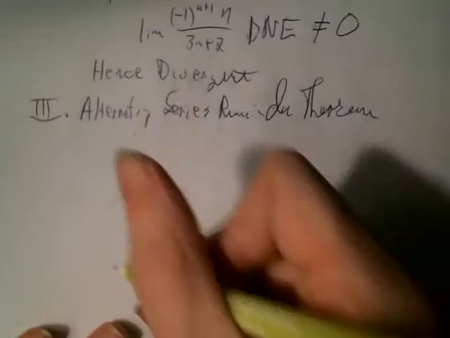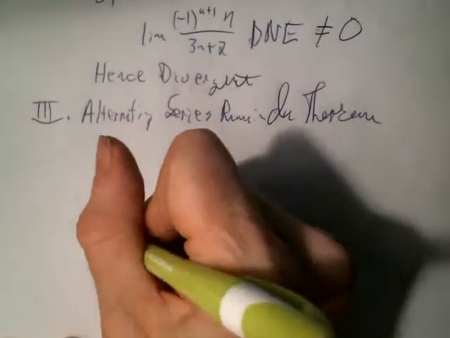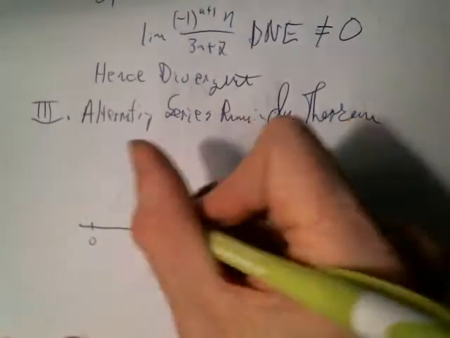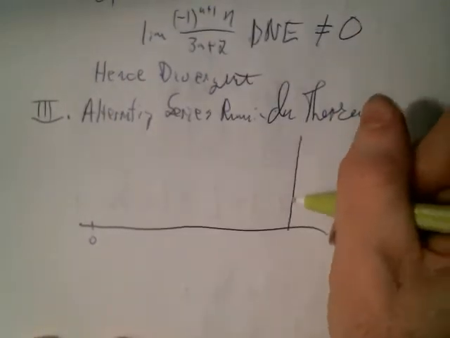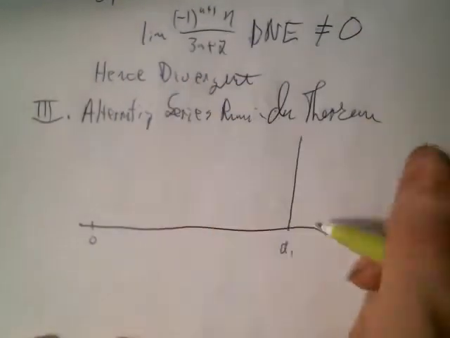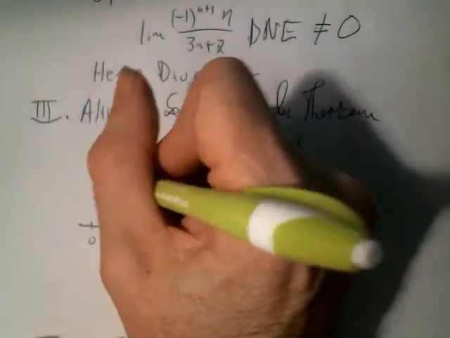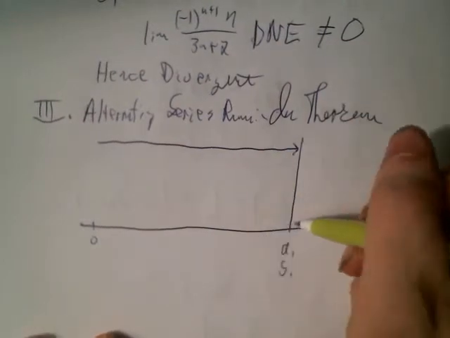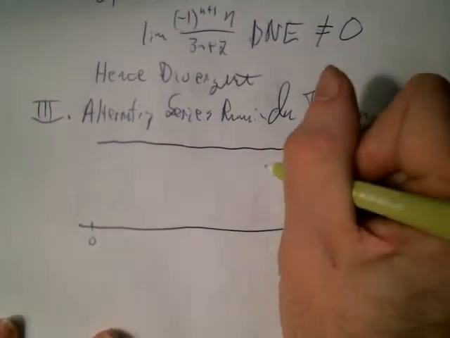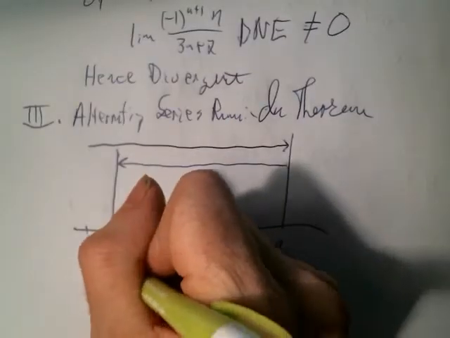And the idea is kind of neat to see visually. If you start here at 0 and then you add in a sub 1, I'm over here at a sub 1, which is really equal to s sub 1, the first partial sum. Then I subtract away a sub 2, so I go this way on the number line, and that will be s sub 2.